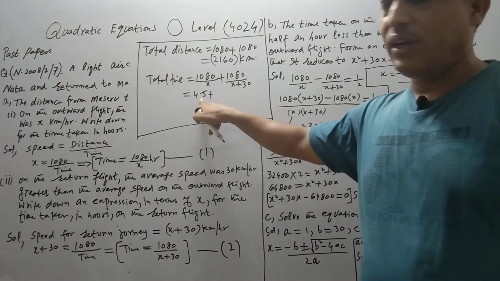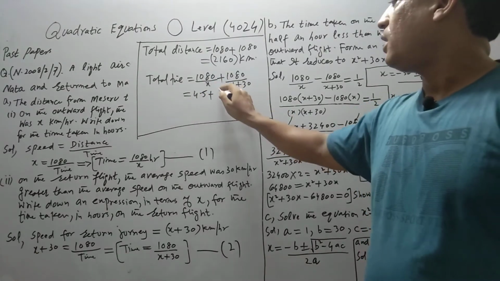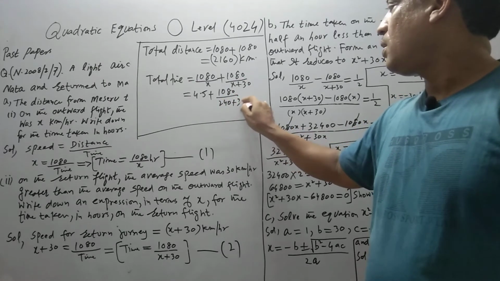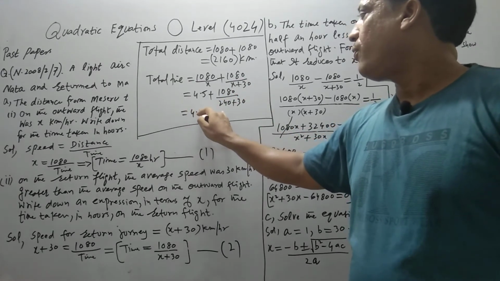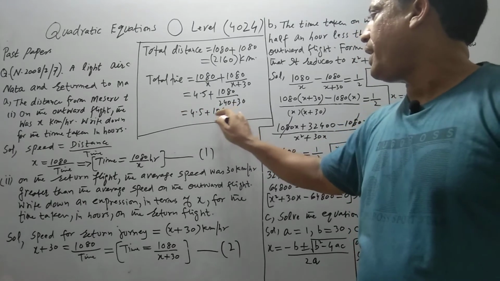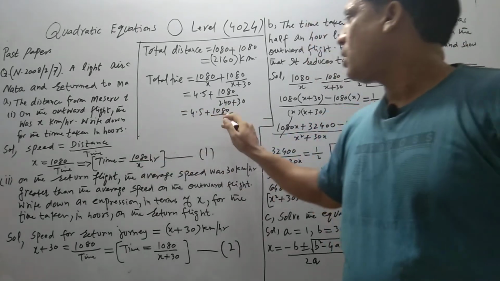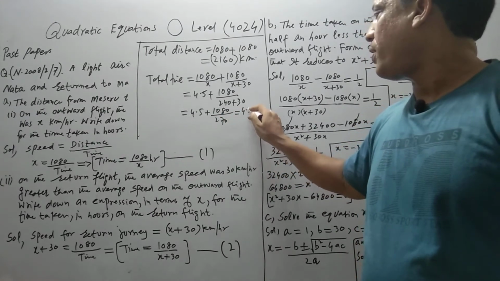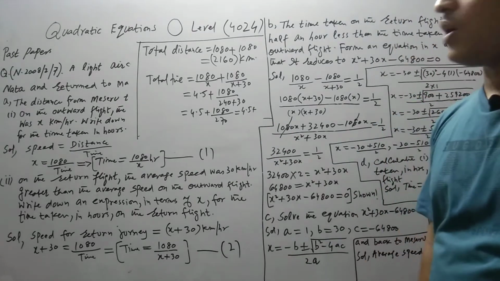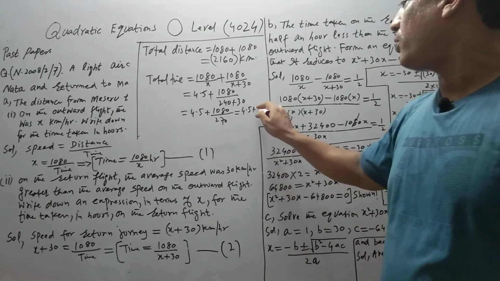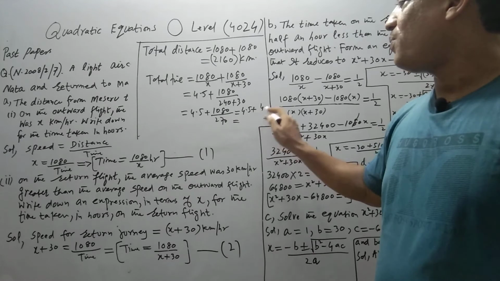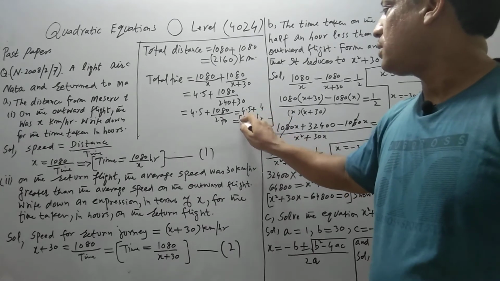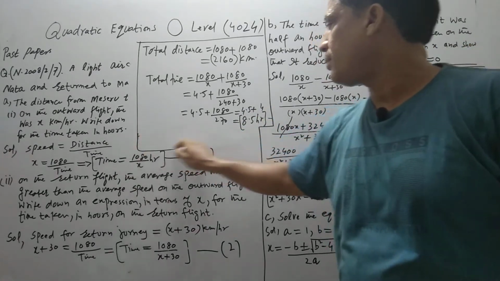So we have already calculated, so no need to calculate again, but we have to calculate this part. x is 240 plus 30. 1080 upon 270, which is equals to 4. So 4.5 plus 4 is 8.5 hour.